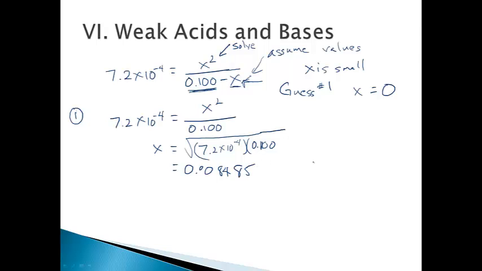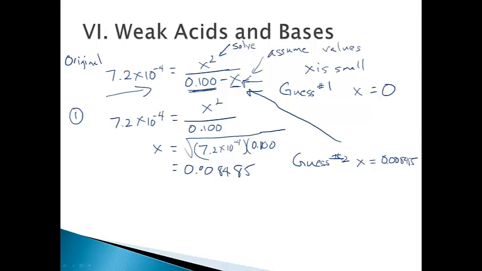0.00845. Okay, now this is your guess number 2. You just solve for x, so guess number 2, x is equal to 0.008485. Okay, so what do I do? I go back to this original equation again, and plug in my value for x up in there.